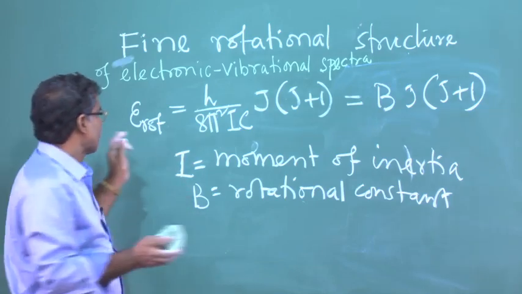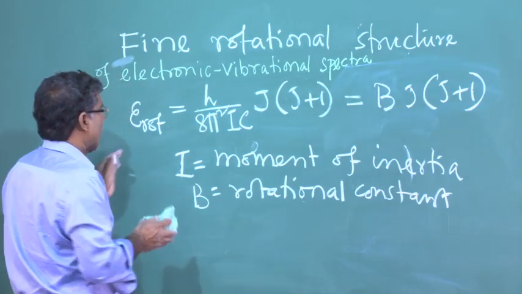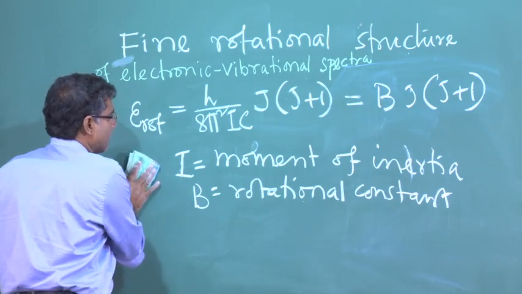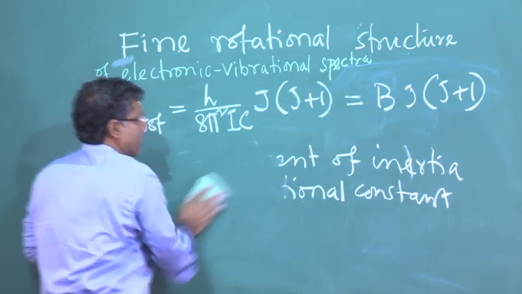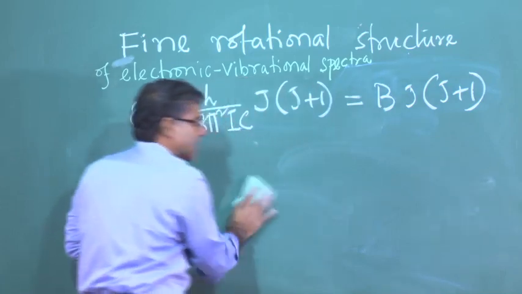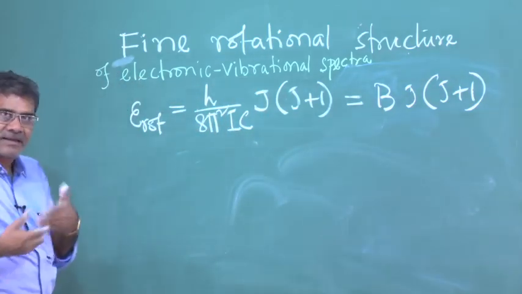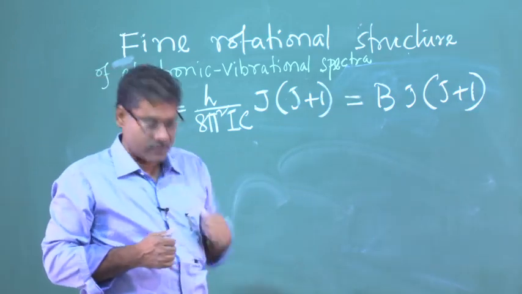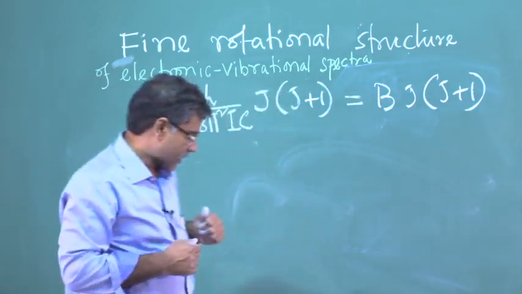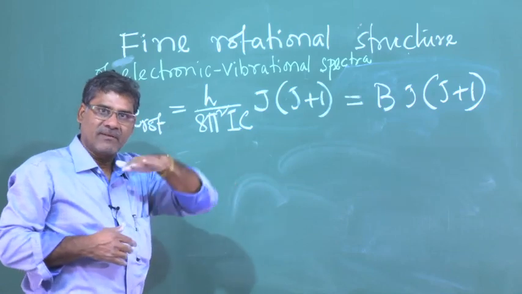So now, fine. What happens? This is the rotational part, and now in electronic spectra, what is the energy of the levels?